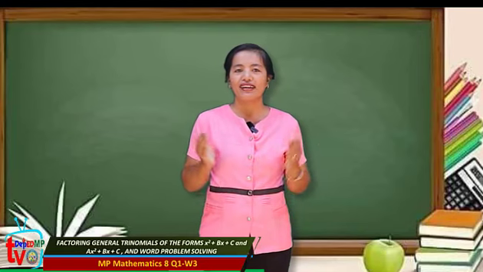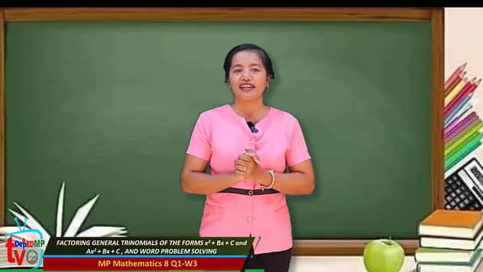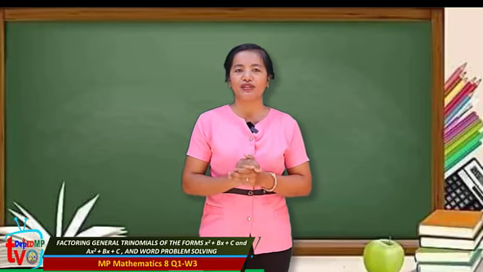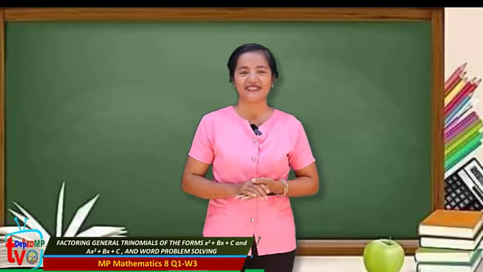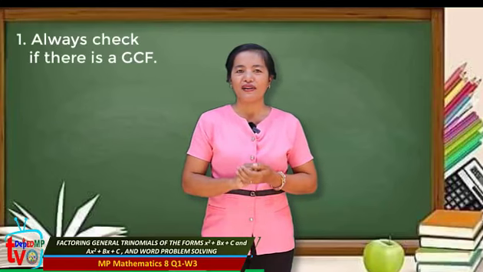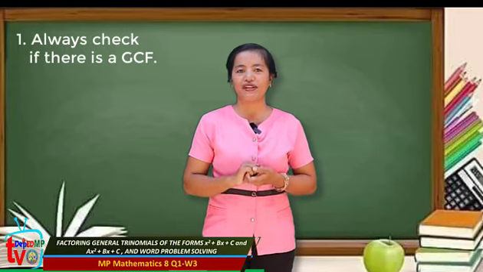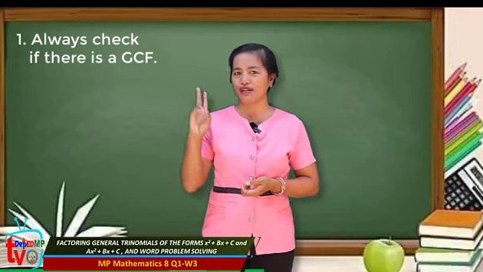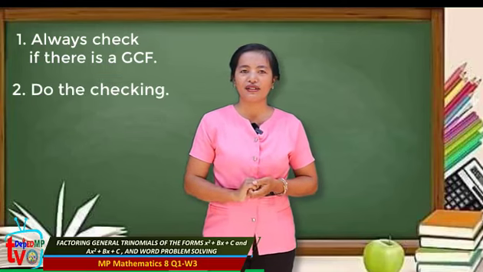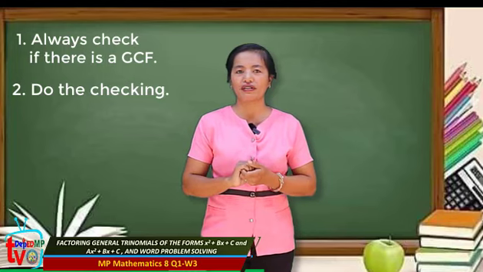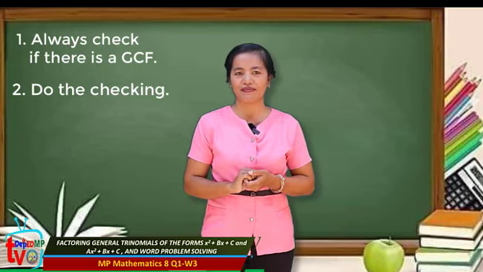Before we end, here are some points to remember in factoring different types of polynomials and its application to word problems. Number 1, in factoring, always check if there is a GCF before applying other factoring techniques. Number 2, always do the checking procedure to check if your answer or factors are correct.